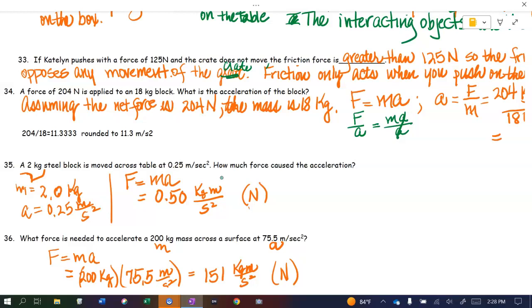Or the acceleration of the object is the force divided by the mass. So these are ways to rearrange the equation.